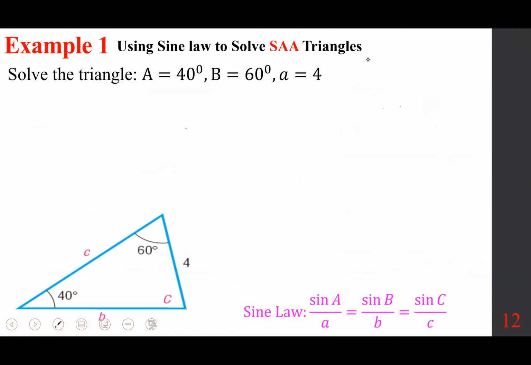Now, even if they don't ask for the sine law, you may have to use it. So in this example, we are given A equals 40 degrees, B equals 60 degrees, lowercase a equals 4. Obviously, as you can see, if this is capital A, this is lowercase a.